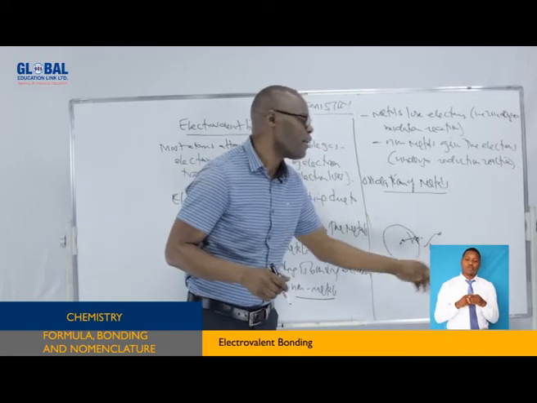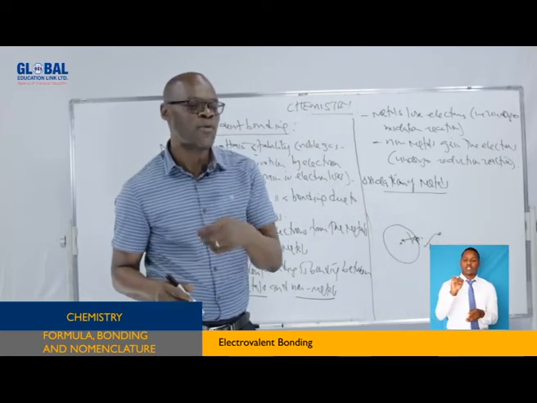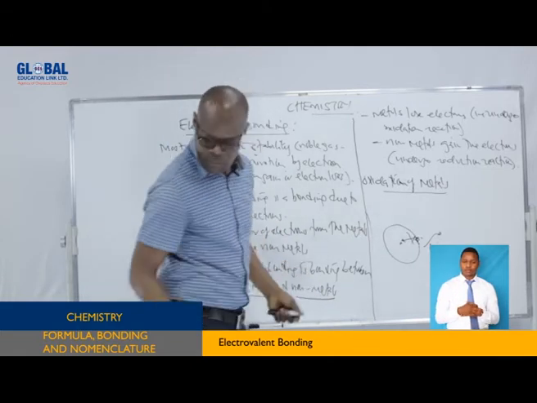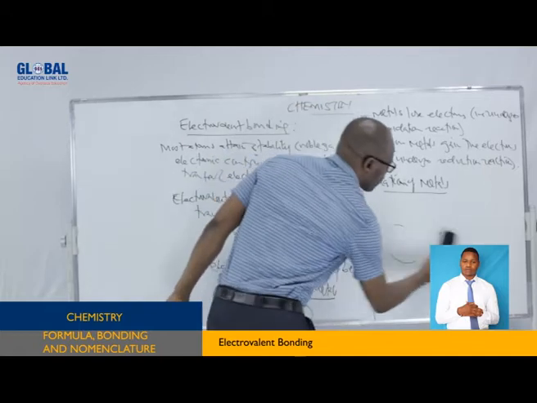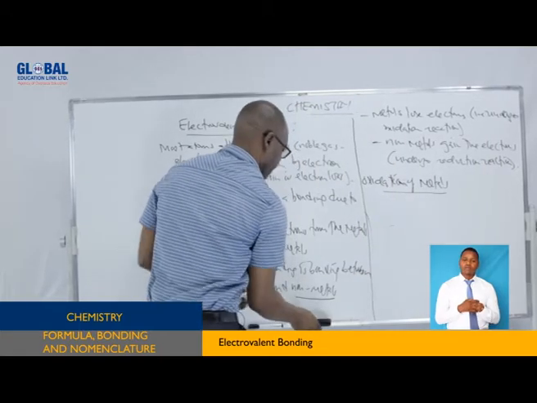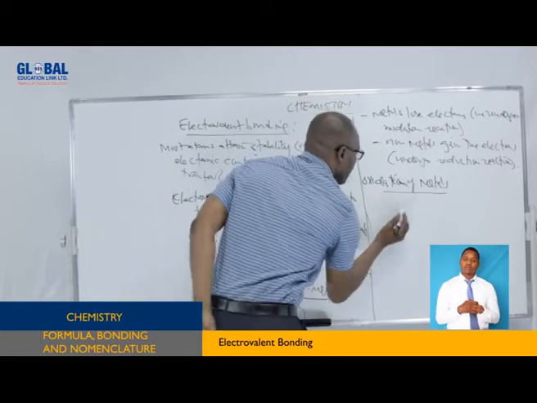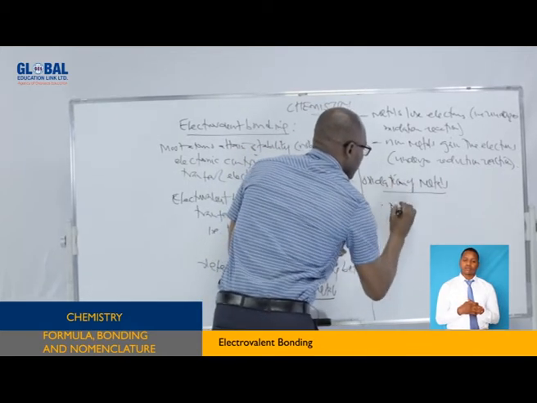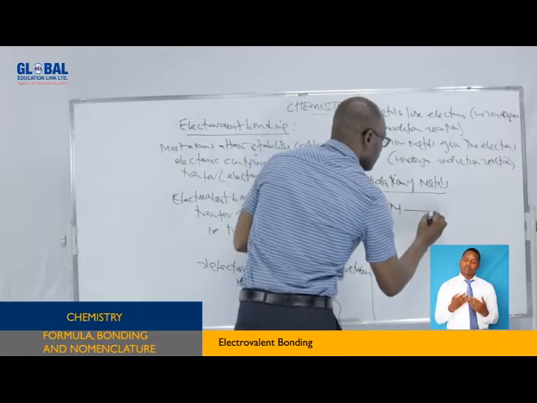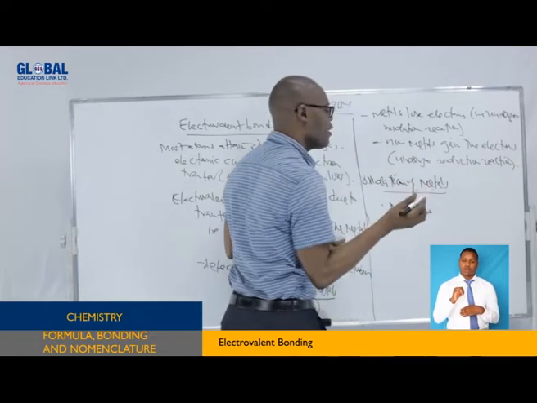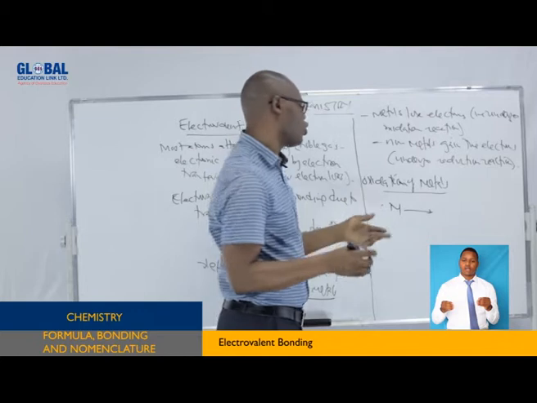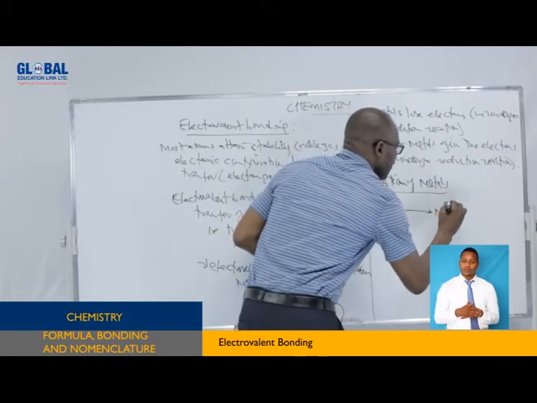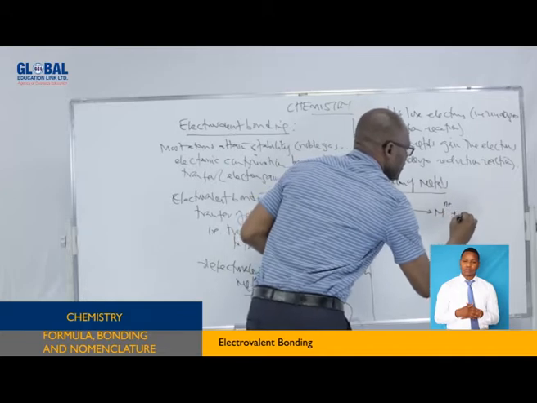But this is a chemical reaction. Let's look at the reaction equation for the formation of these ions. So we have a metal M. It is losing electrons, no matter how many, let's say n electrons in the valence shell, forming M^n+ plus ne^-.